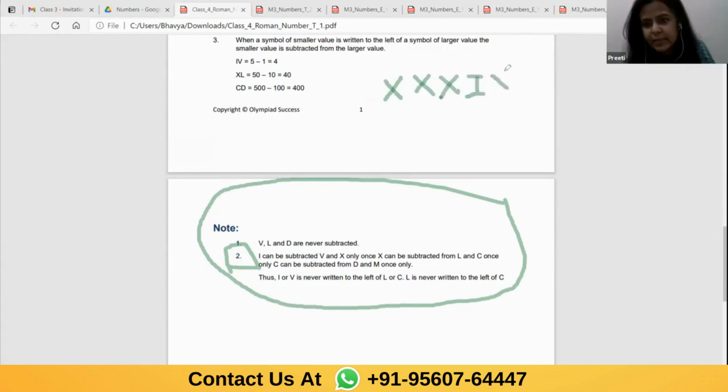So the correct symbol for 39 is this. Yes, ma'am. So, actually, according to the rules, X can only repeat up to 3 times. 3 times, maximum, correct. So, ma'am, over here, why is it actually followed in 4 X? Where is it? In the sheet? No, ma'am, in the 39 one.